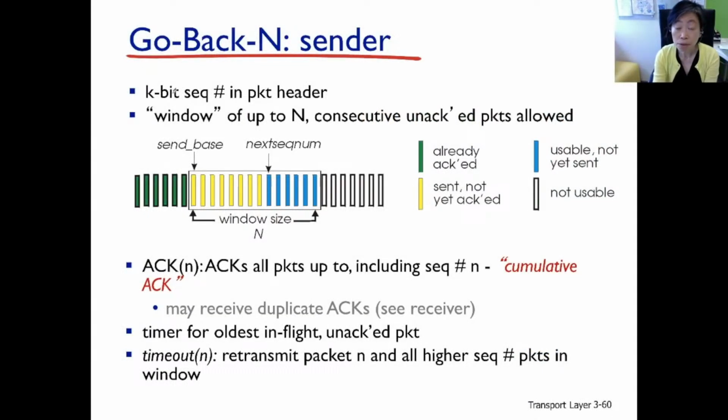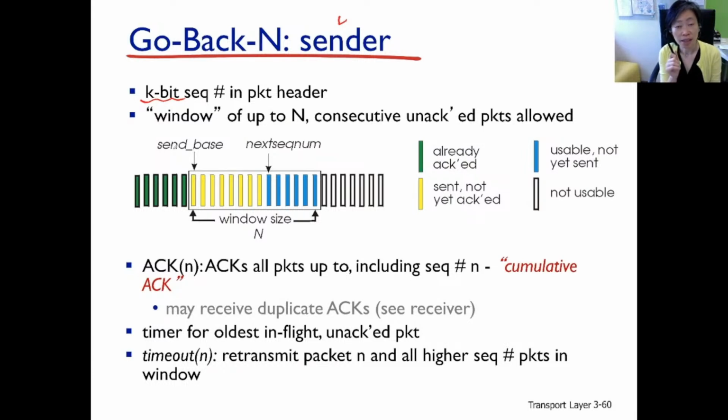Now let's look closer into the first category of the pipeline RDT, go back N. This is just the sender side, and we'll come to the receiver side in a couple of slides. First things first, the packet sequence number in go back N. If you recall in RDT 3.0, we only allow one data packet to go out without being acknowledged.